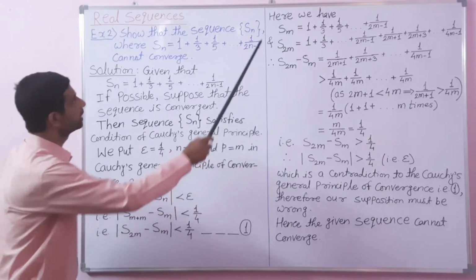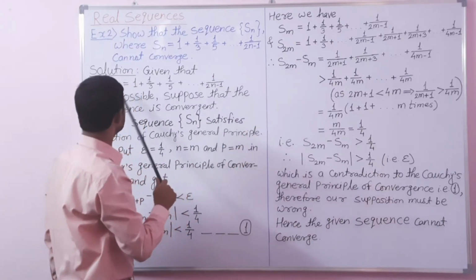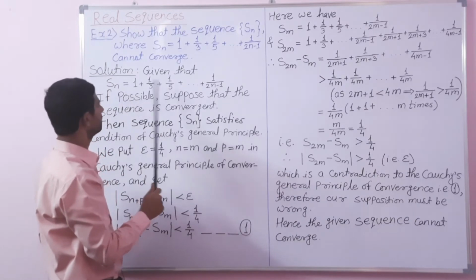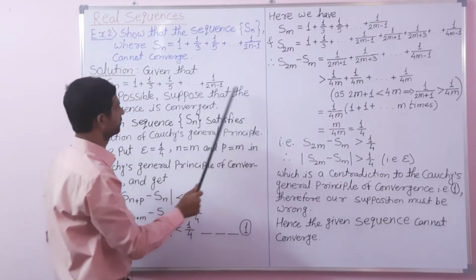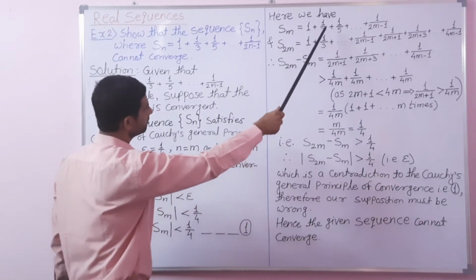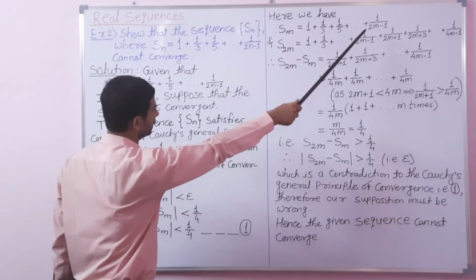Next one. Here the nth term is given by this formula. In this formula, we will replace n by m to get Sm. So we have Sm equal to 1 plus 1 by 3 plus 1 by 5 and so on plus 1 upon 2m minus 1.